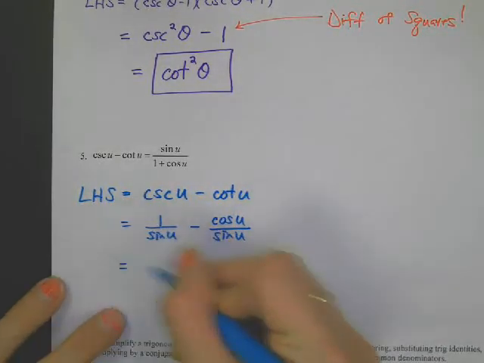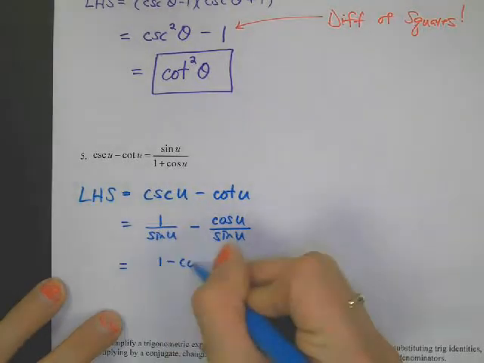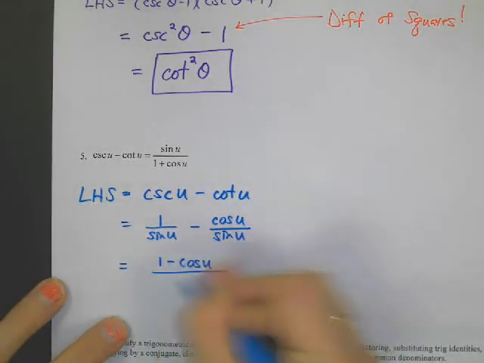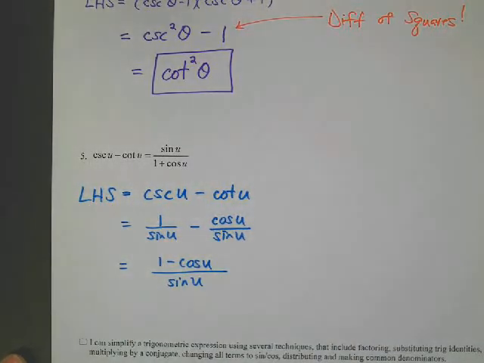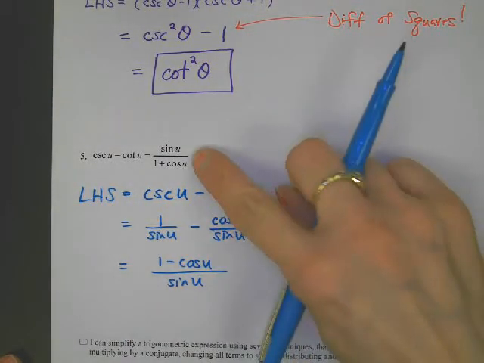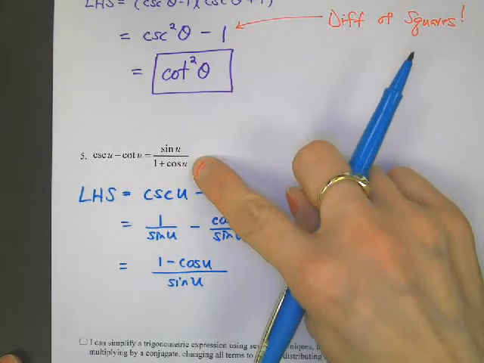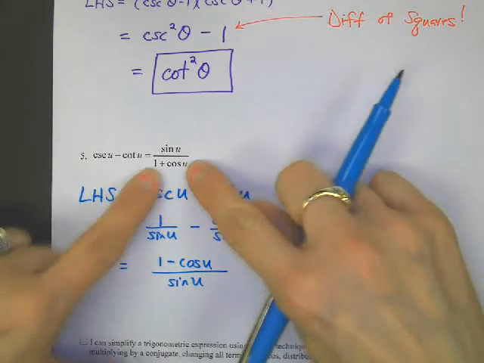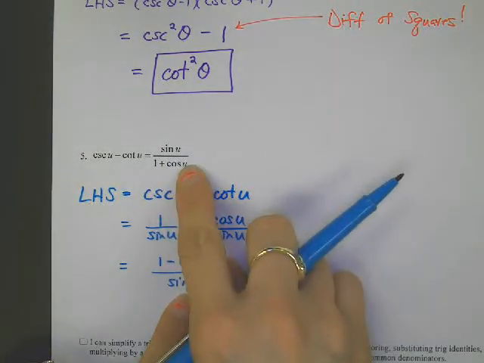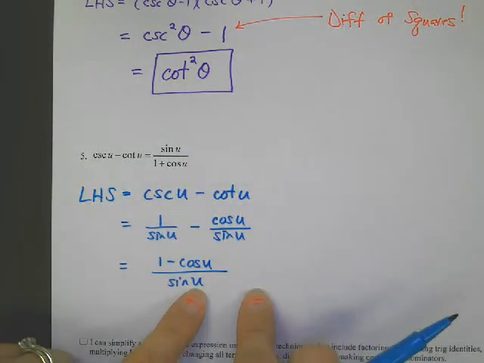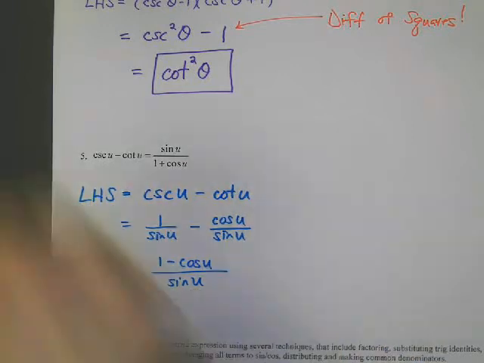Let's take a peek at the answer that I need. I need to get 1 plus cosine in the bottom. Well, I guess I could just multiply the bottom by that. But if you multiply the bottom by that, you're going to have to multiply the top by 1 plus cosine of u.